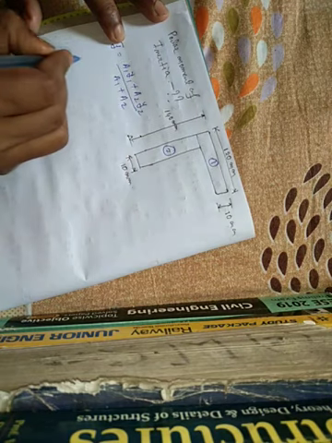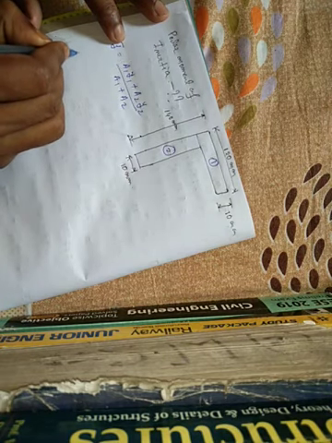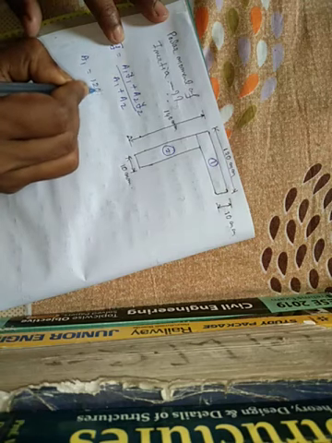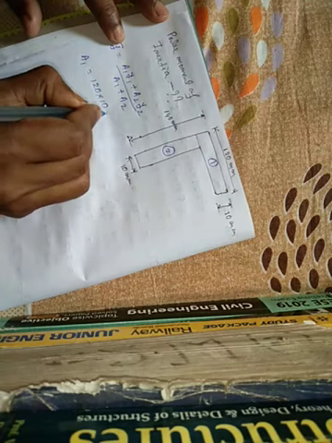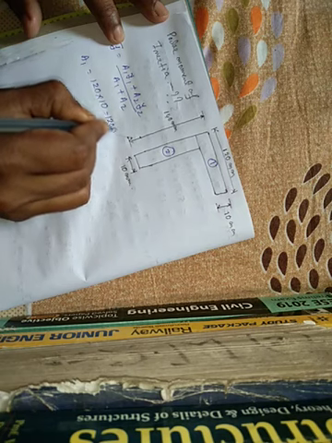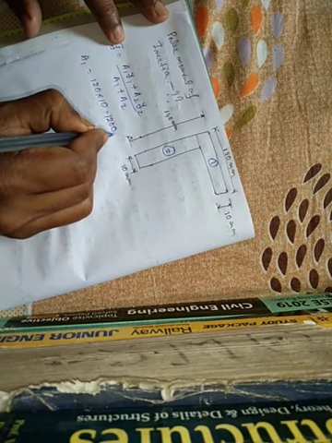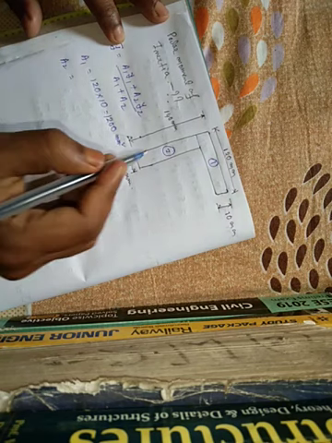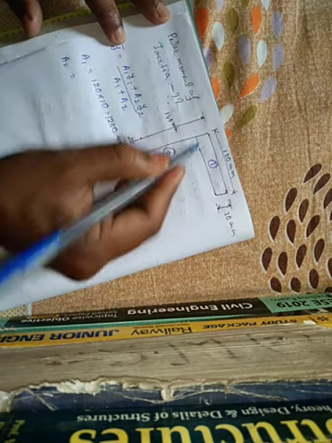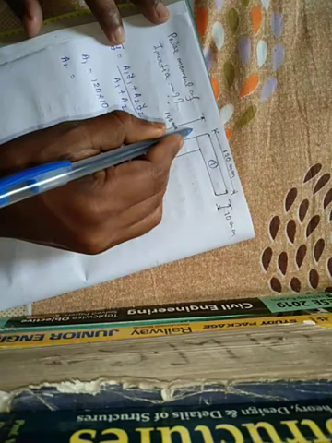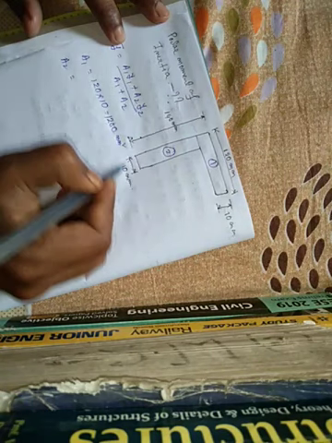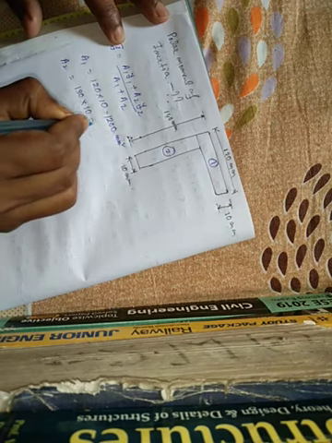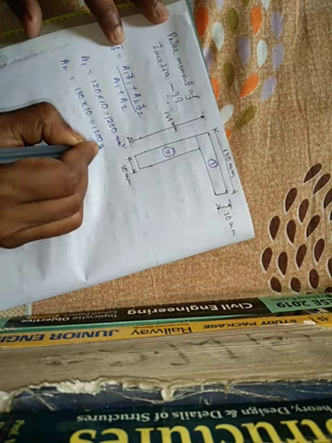Area of section 1 is 120 into 10 is equals to 1200 millimeter square, and area of section 2 is 130 into 10 is equals to 1300 millimeter square.